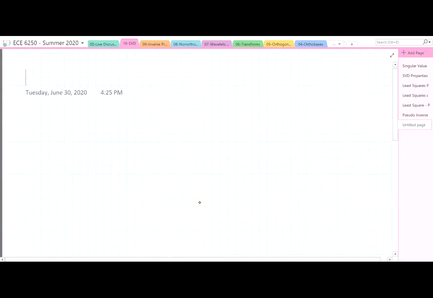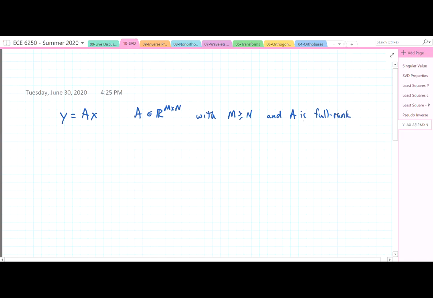So let's assume that I had y is equal to Ax, and A is m by n, with the case that m is greater than or equal to n, and it's full rank. Meaning that the rank of A is equal to the smallest dimension of A.